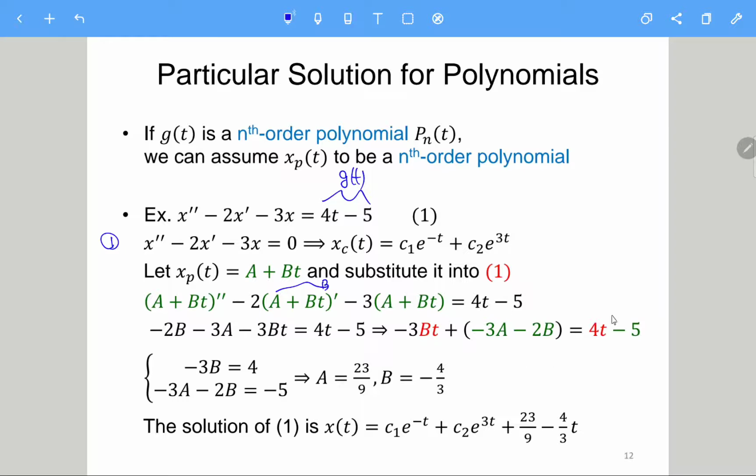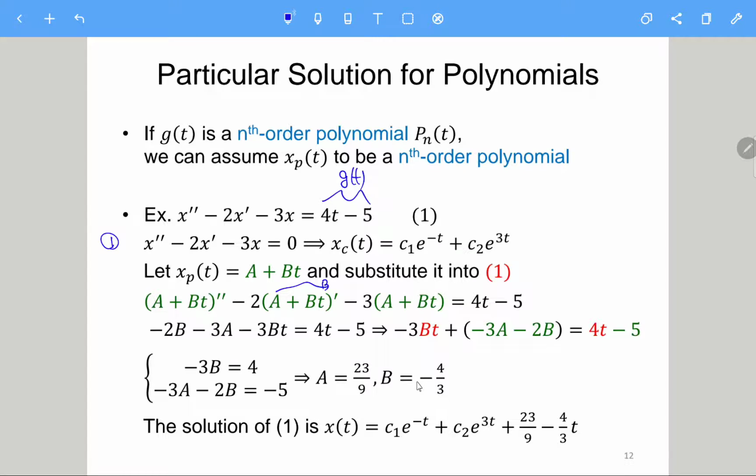Both of them are first order polynomials, which means the corresponding coefficients should be equal to each other, so minus 3b should be the same as 4. So minus 3b equals 4. And then minus 3a minus 2b should be minus 5. So here we have two unknown variables with two equations, so we are able to solve for a and b.